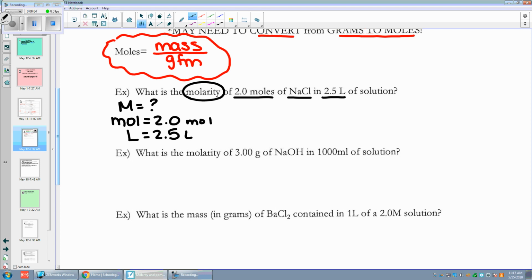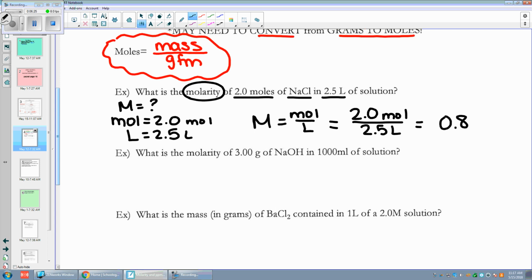I simply want to plug in, all right, molarity is moles over liters. So I'll plug in 2.0 moles over 2.5 liters. If I plug that into my calculator, which you should, make sure you get this answer, I'm going to get 0.8. My unit will be a capital M. If I say this out loud, I would say 0.8 molar. So my molarity is 0.8.